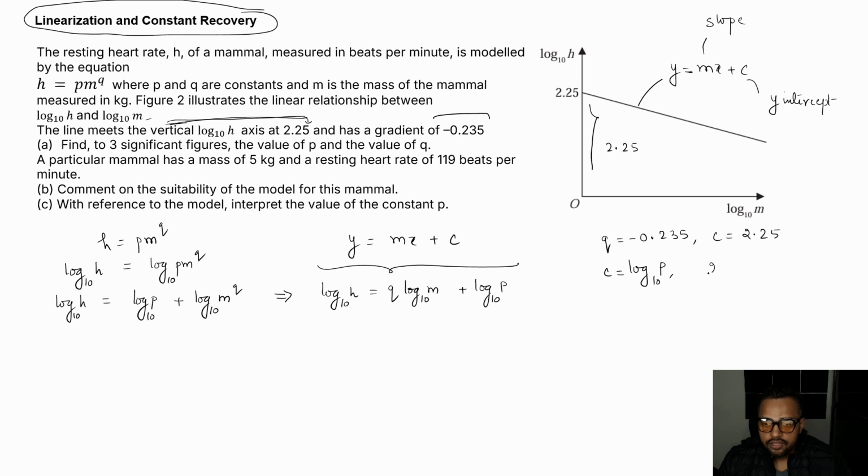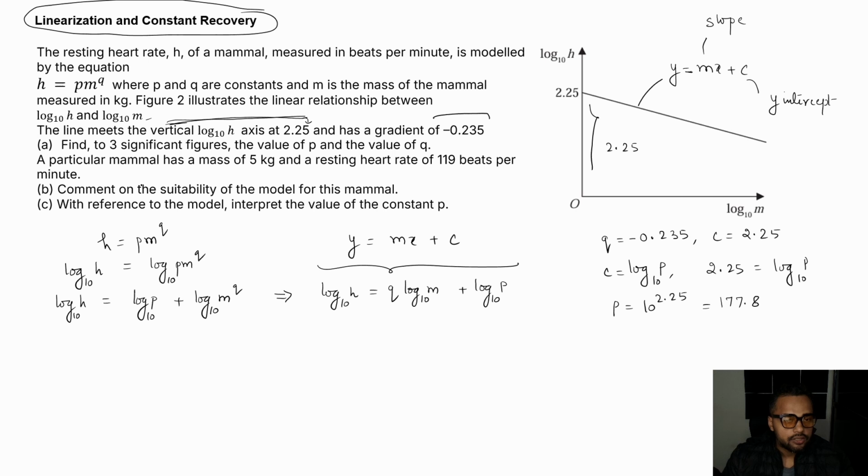From here, we can say 2.25 is equal to log of p base 10. On making this in exponential form, what we'll get? The value of p equals 10 to the power 2.25. So here we are getting 177.8. Okay, so this value we have got for p.